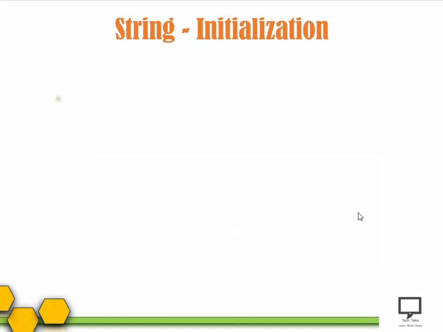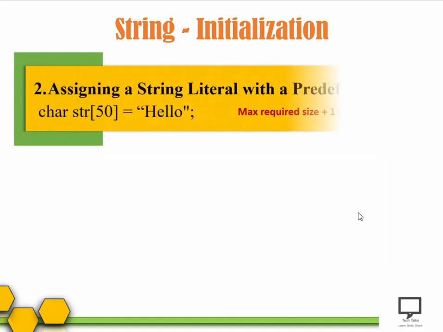Now let's see the second way of string initialization, where the size is given. What is the difference between the previous one and this initialization? The size is mentioned. And here we can see that for the maximum size of whatever string you want to initialize, plus 1 is required for a null character, which we have to take care of while declaring the predefined size.